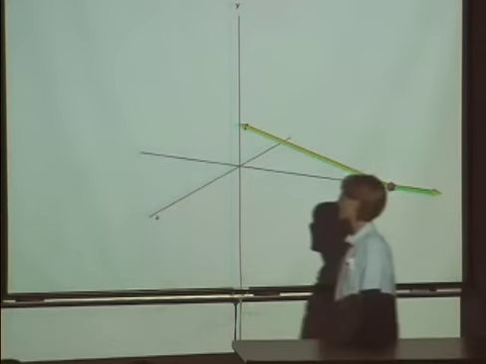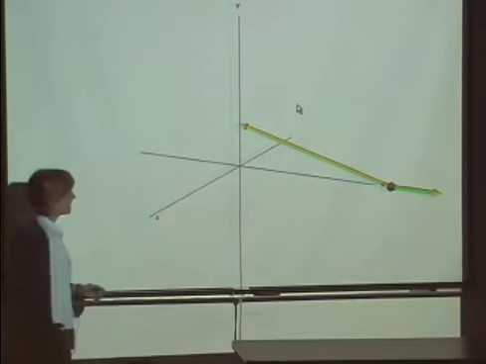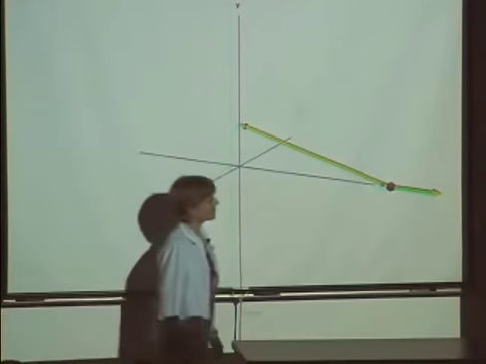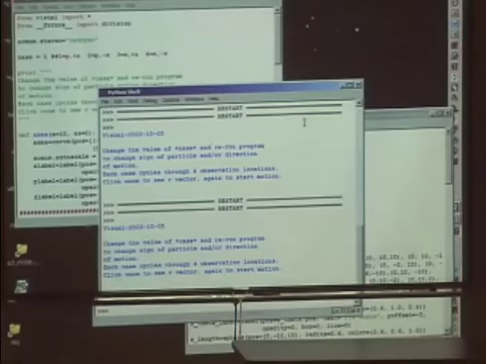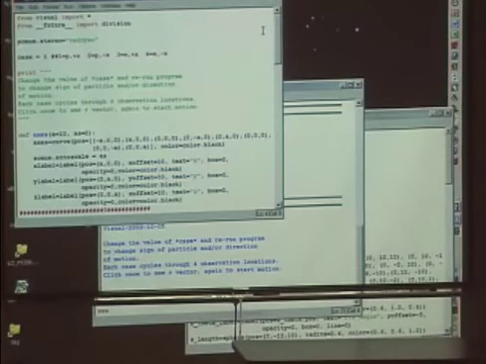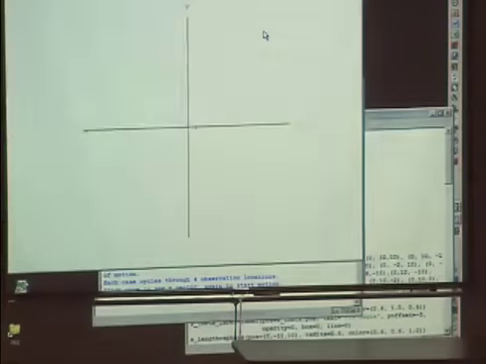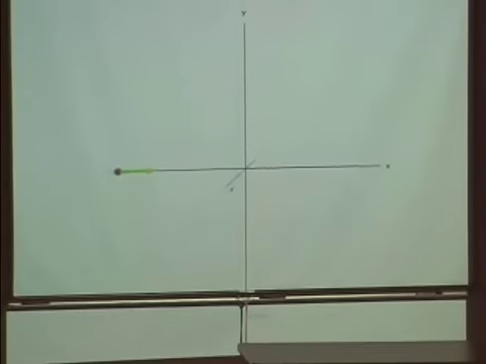Can we do it again? Sure, we'll do it again. Now think about it: we have the v vector and we've got the r hat vector.